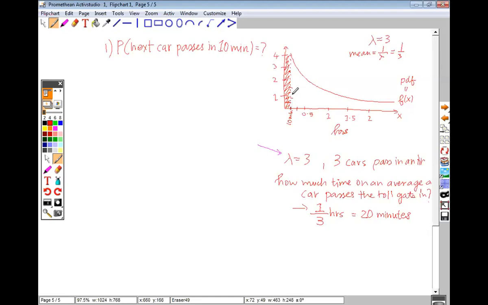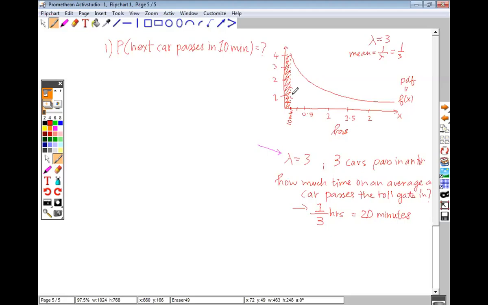When I'm saying the probability that the next car has passed the toll gate within 10 minutes, it means the car could have passed any time, right? Are you guys with me? Previously I said at 1 minute, 2 minutes, 3 minutes the car hasn't passed. The car can pass at 4 minutes as well, and there could have been no car passing at the 10 minutes. But still, it is a car which has passed within the 10 minutes that we are trying to record. So this is the probability that a car would have passed within the 10 minutes.